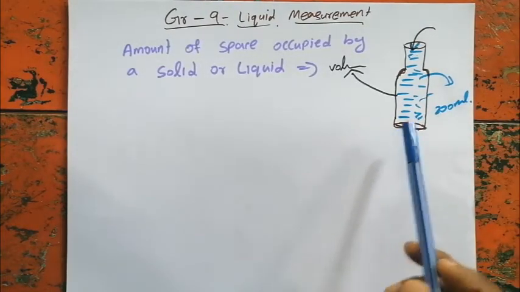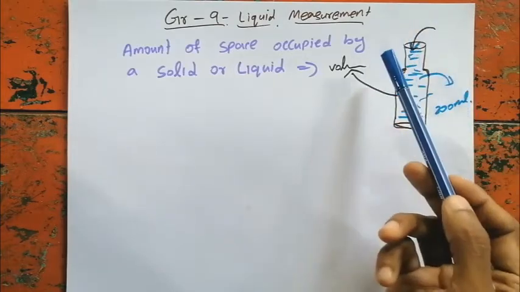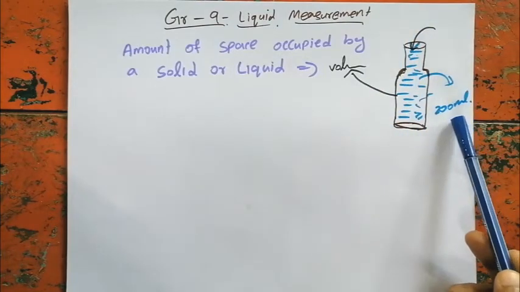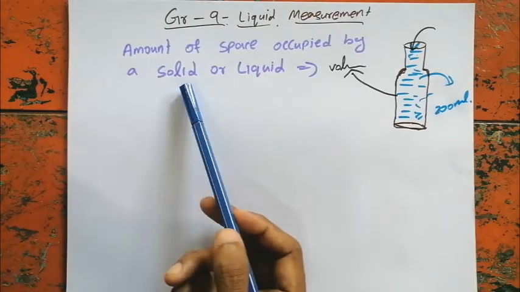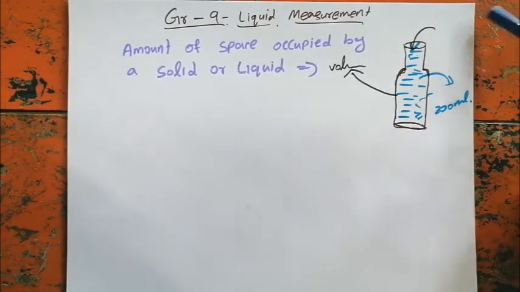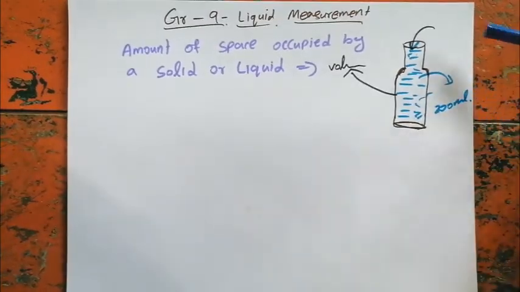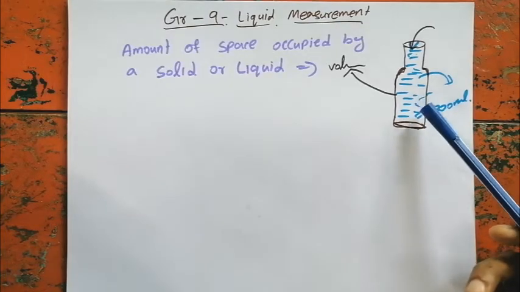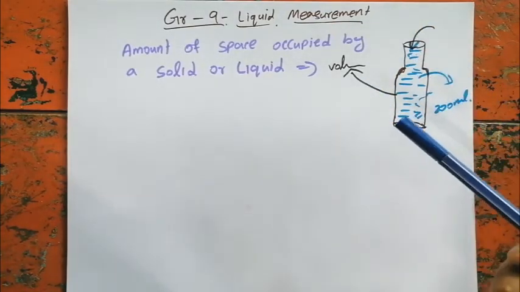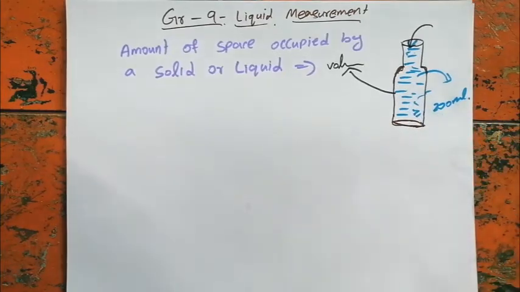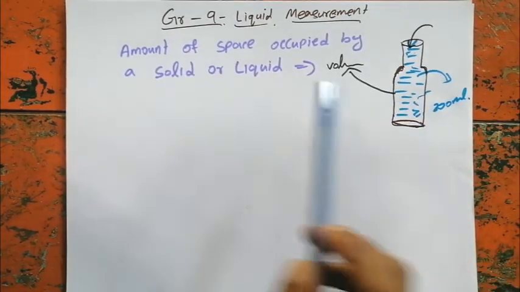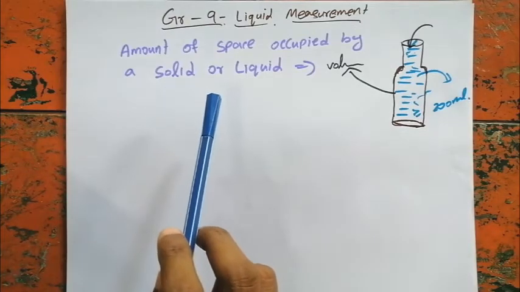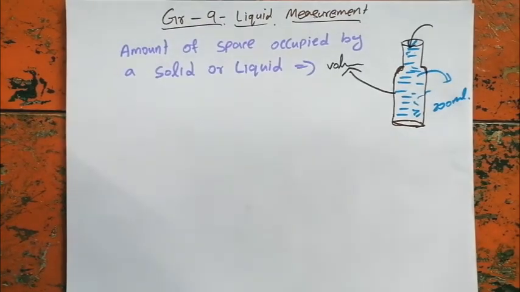We can say the volume of this bottle is 200 milliliter, which means the empty space of this solid bottle is occupied with 200 milliliter of water. So the volume of this bottle is 200 milliliter. That is the definition: the amount of space occupied by a solid or a liquid is called its volume.